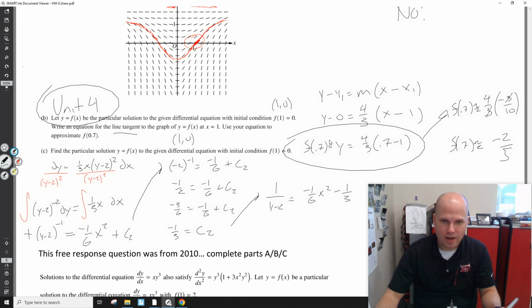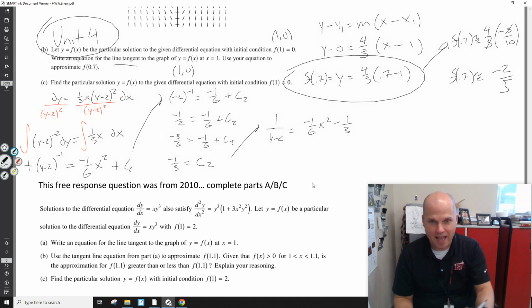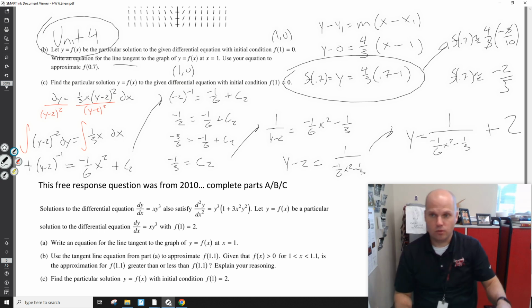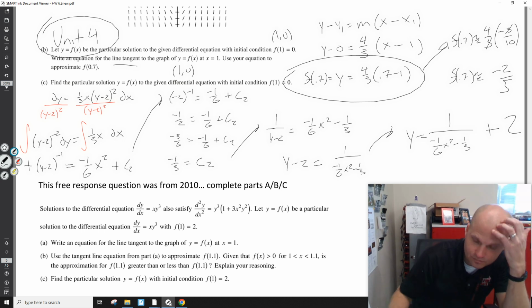The only thing you have to do is flip both sides and add 2. Watch how that looks. And watch how you have to be okay with something that looks this gross. That's correct.